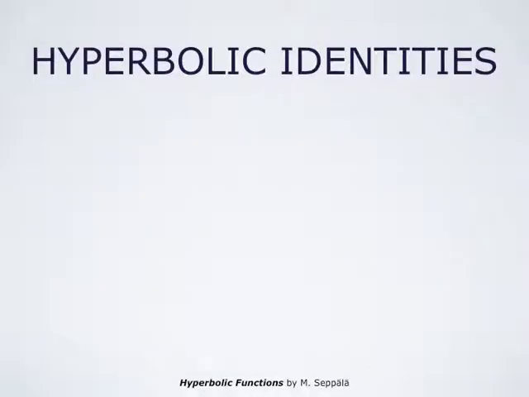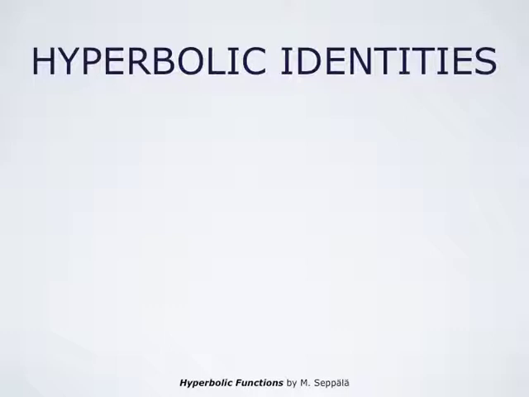The names of the hyperbolic functions, hyperbolic sine, hyperbolic cosine, hyperbolic tangent, and hyperbolic cotangent, indicate that these functions are closely related to trigonometric functions. This is indeed the case, even though the definitions of these functions appear to be completely different.